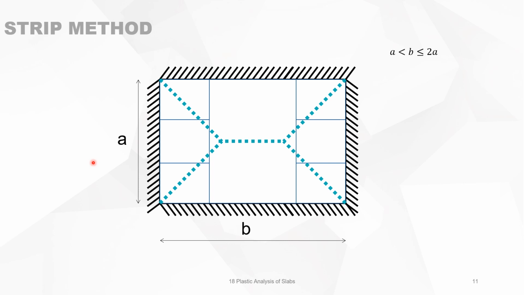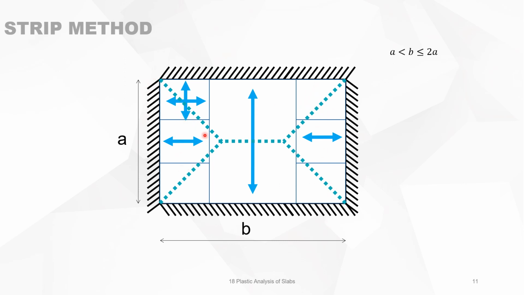You can now identify zones or strips where the load is carried in a certain direction. In this middle strip, the load is carried in this direction, and in this strip only in this direction, and this strip in this direction. But in the corners, the load is carried away in the 4 directions.